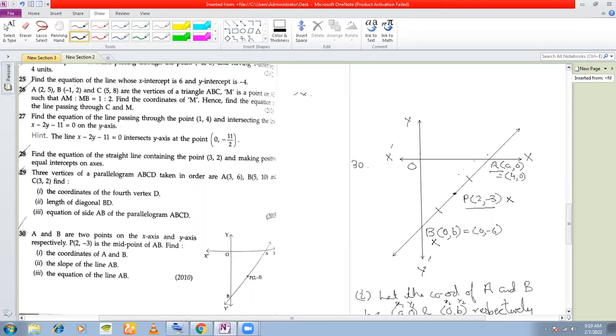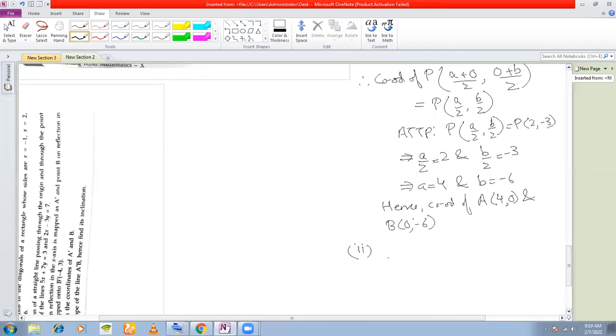Or you can also consider this point A and this point B. So there are three ways of finding out the slope. Either you consider A and P, or you can consider P and B, or you can consider A and B, right? Let's consider A and B. So here A is (4, 0) and B is (0, -6).